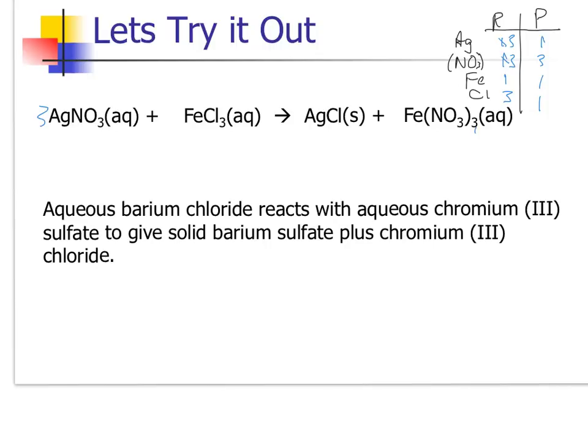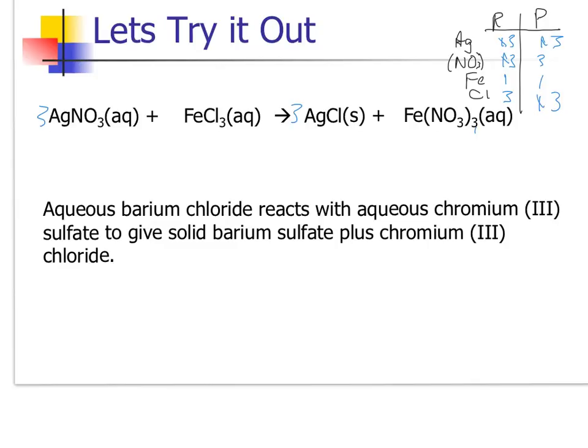But now my silver isn't balanced out. Well, if I look at my silver chloride, I need a 3 there. Now that 3 balances out my silver, and it also balances out my chlorine. And that makes everything balanced.